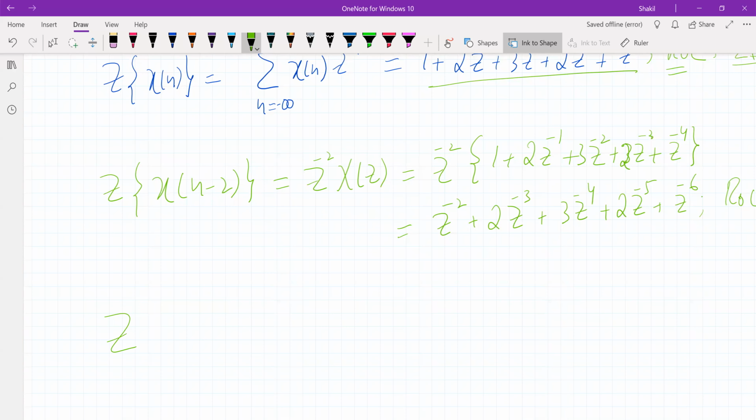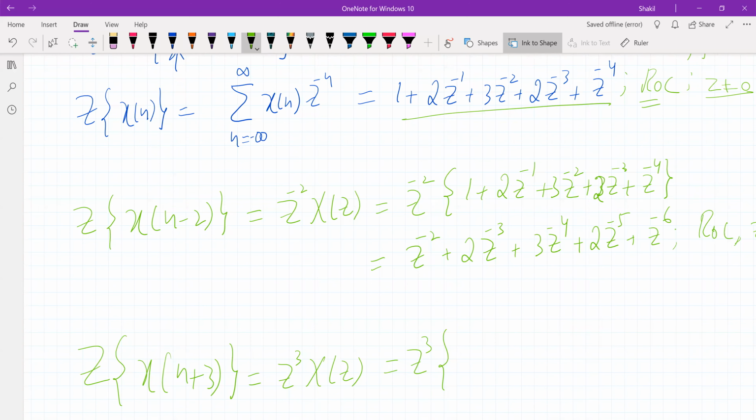Same way you can compute the Z transform of x of n plus 3. It will be simply z raised to power 3 multiplied with this Z transform. So it is 1 plus 2 z raised to power minus 1 plus 3 z raised to power minus 2 plus 2 z raised to power minus 3 plus z raised to power minus 4.